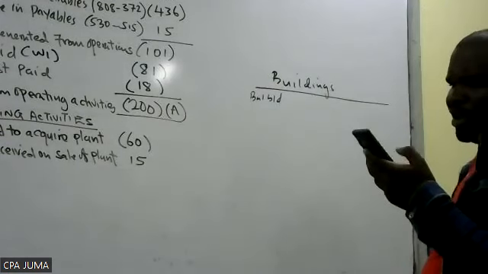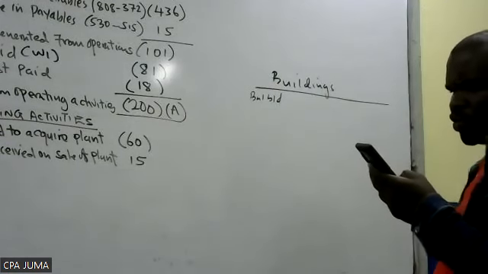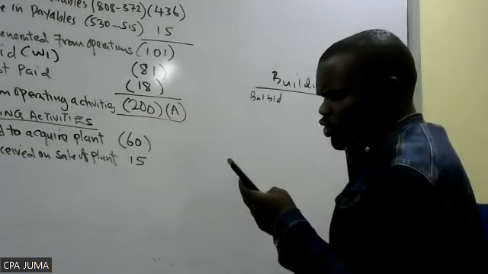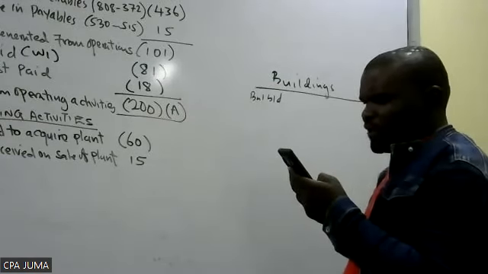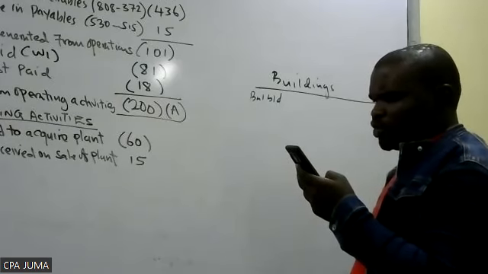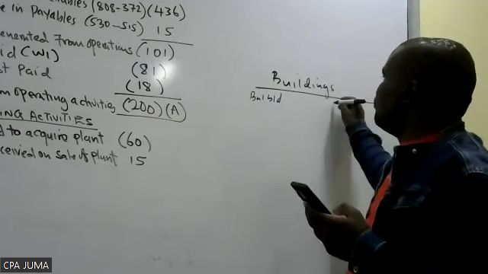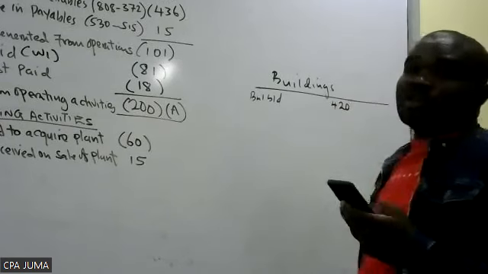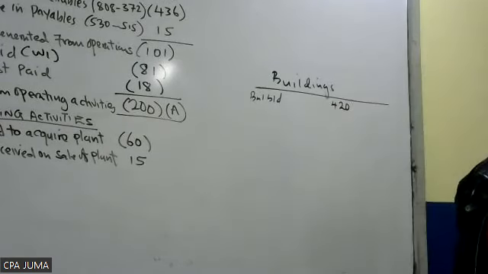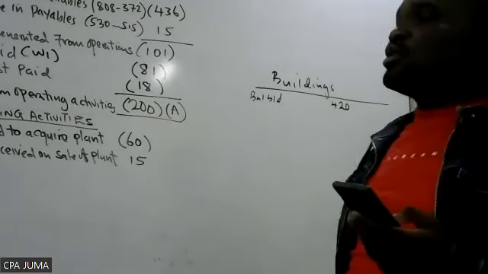You check the carrying amount of building in 2022. The carrying amount of land and building was 420 at the start.